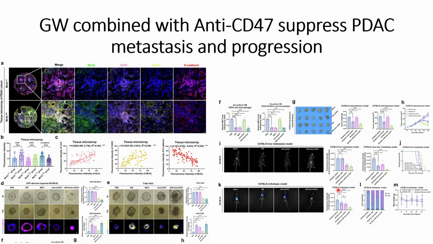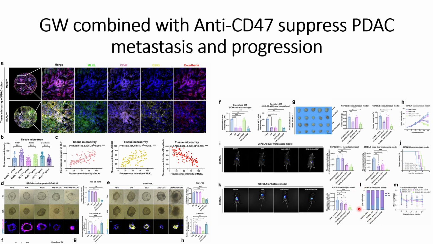And these things are quantified on the right hand side, where we can see that the total tumor intensity is lowest for the case where GW and anti-CD47 are used.